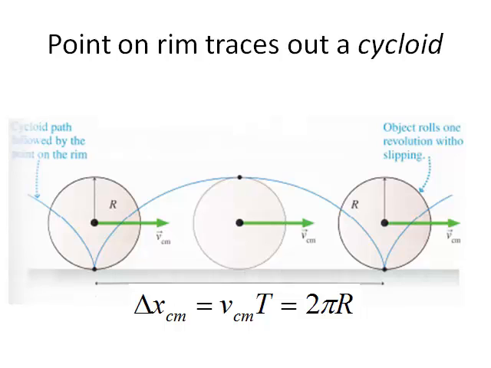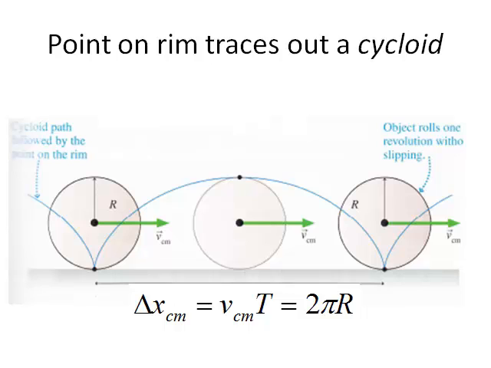But what is important is making a link between the velocity of the center of mass and the displacement of the center of mass. Like always, distance equals rate times time, so the displacement of the center of mass is equal to the velocity of the center of mass times time.